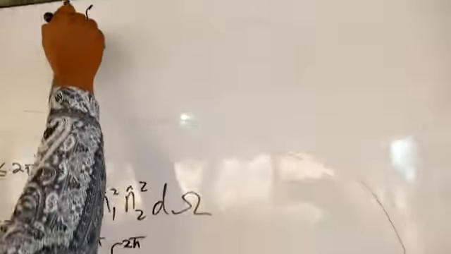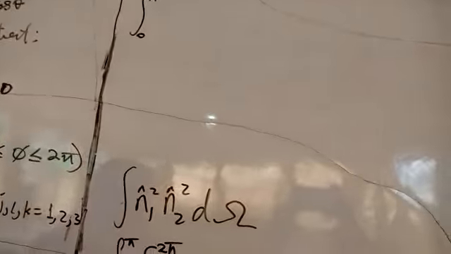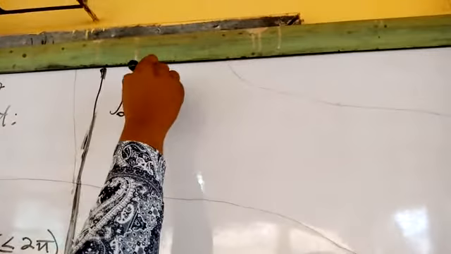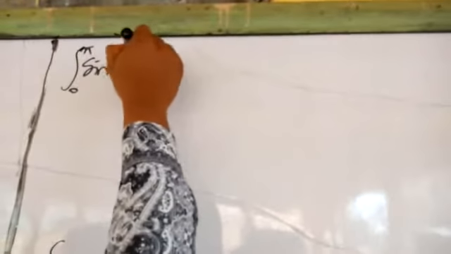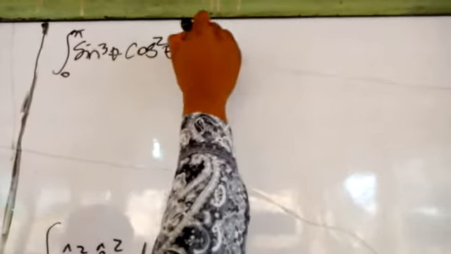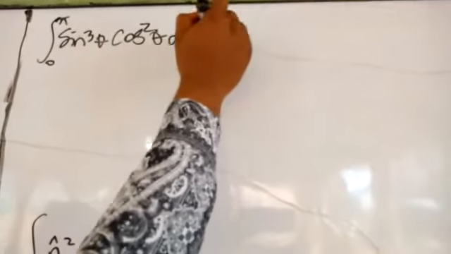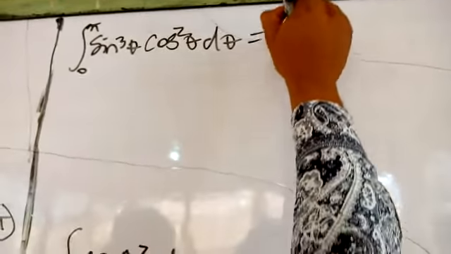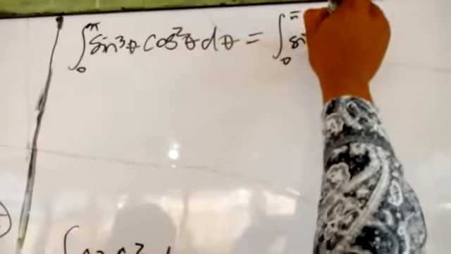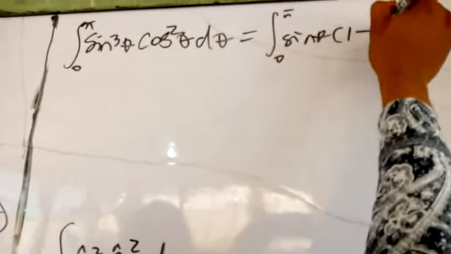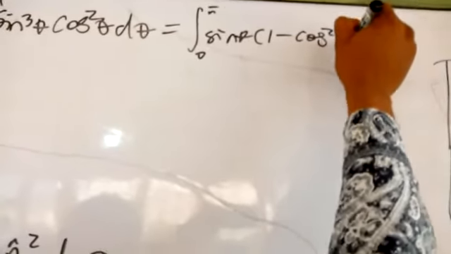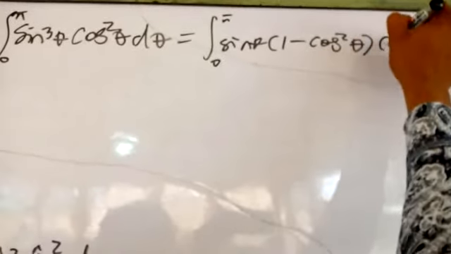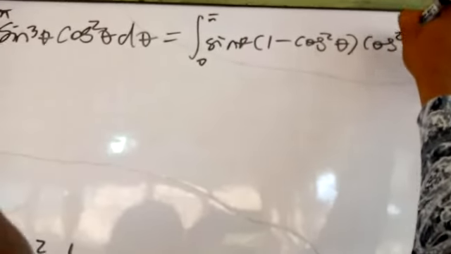So I'm going to just focus on the second term here, which is sine cube theta and cos squared theta d theta. And this could be expanded by saying, for instance, the integral from 0 to pi. Okay, let me try something here. 1 minus cos squared theta again inside of this place. And then I have another cos squared theta here, d theta.